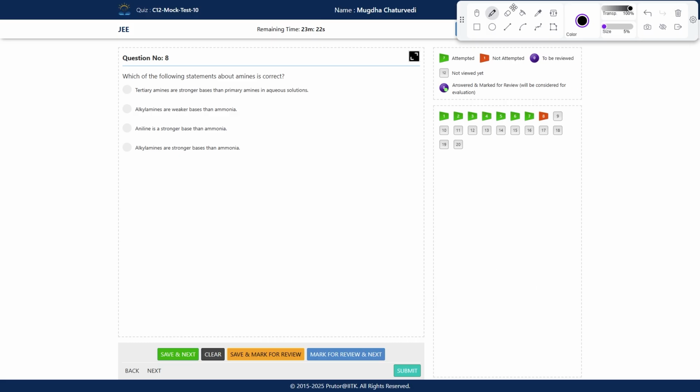Now if we compare aryl amine versus ammonia, the aryl amines are significantly weaker bases than ammonia. This is because of two factors. First is resonance. Second is the stability of the anilinium ion.